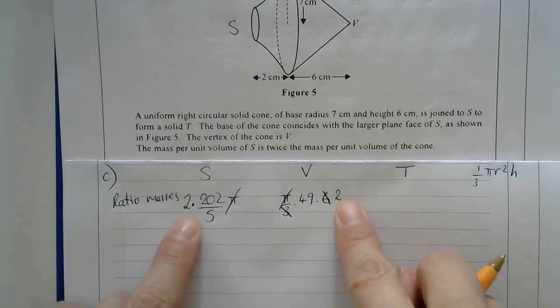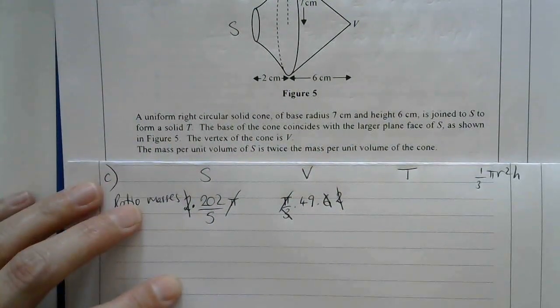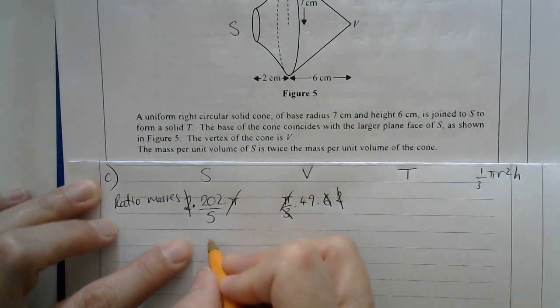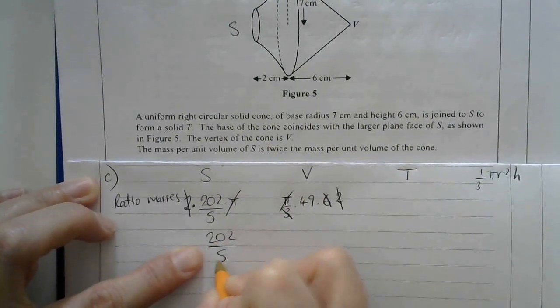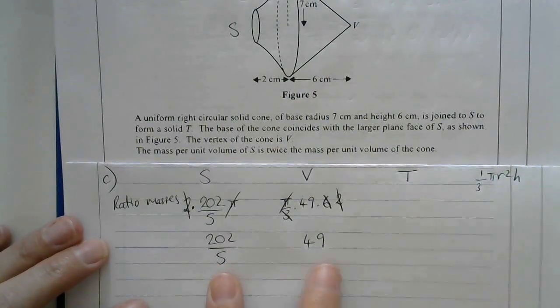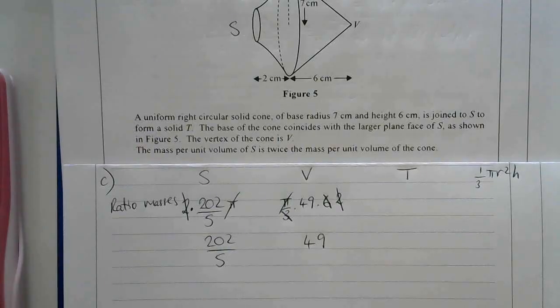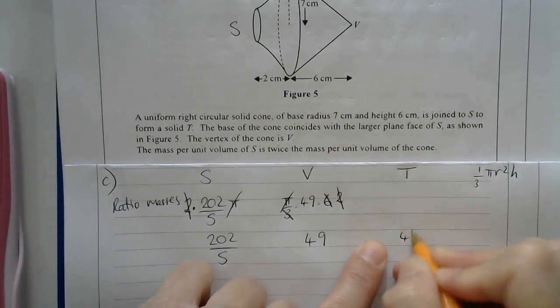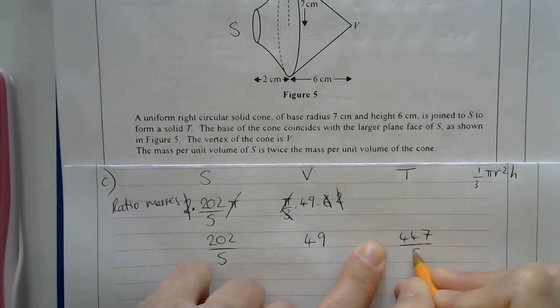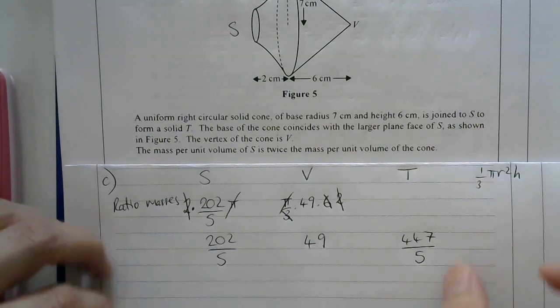I can see I've got a 2 and a 2, so I could divide them both by 2. And so in fact I end up with 202 over 5 here, just the 49, and so here I'm going to have these two values added. So 202 over 5 plus 49 gives me 447 over 5. Okay, and that is the ratio of the masses.